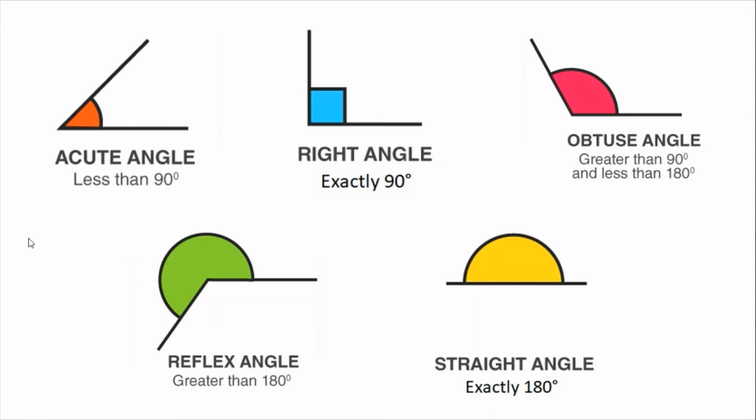We've got the straight angle on the bottom right, which looks like our sun rising, which is a straight angle, a straight line, half a circle, half a turn. And then we've got our flexible reflex angle, which is when the angle continues, the turn continues, and it's greater than 180 degrees, and it's on its way to approaching a full circle at 360 degrees.